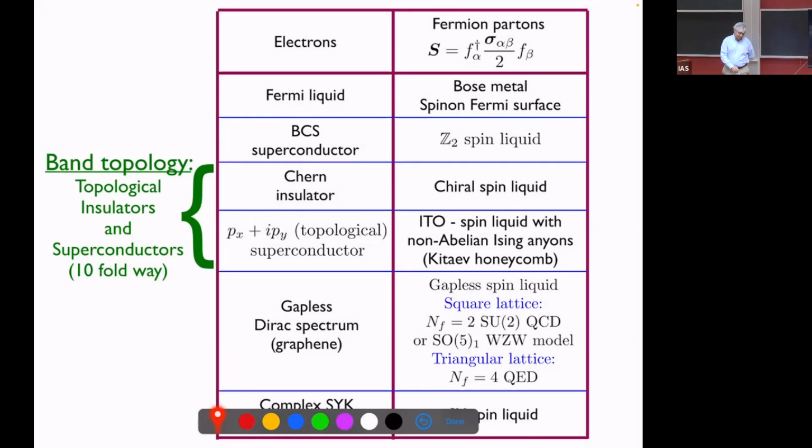So in fact, there's something called the tenfold way, which is a complete classification of band topology, not just of electrons, but also of electrons which are paired. So that's a relatively simple thing you can do, just pair the electrons. But then there's a further confusion there, depending on whether you consider the charge of the electron to be a global symmetry or a gauge symmetry.